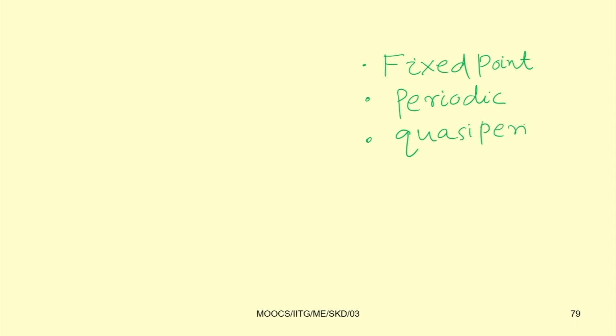The response can be written in this way. One is the fixed point response. We will study what you mean by fixed point response. Then the response may be periodic. The response may be quasi-periodic. The response may be chaotic also.